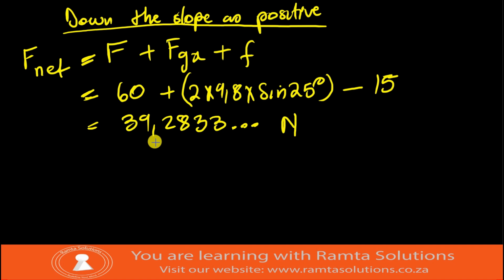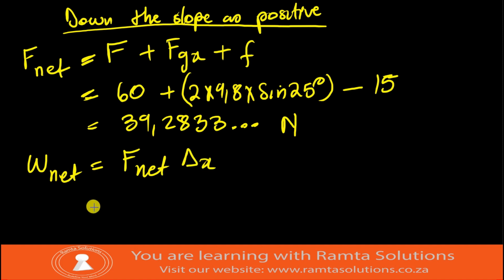Now, the force is positive, so obviously positive work will be done. So, net work equals F net delta X. What is F net? 39.28332 times, what is the distance?